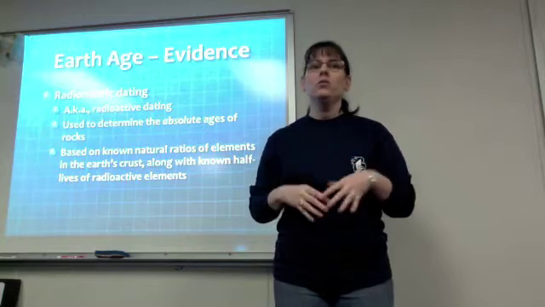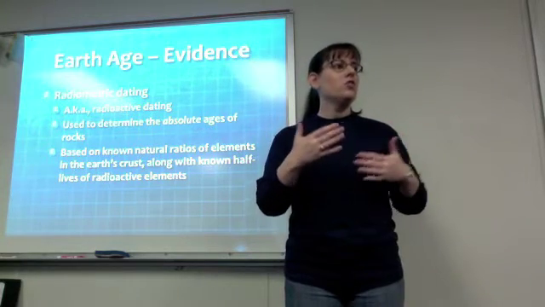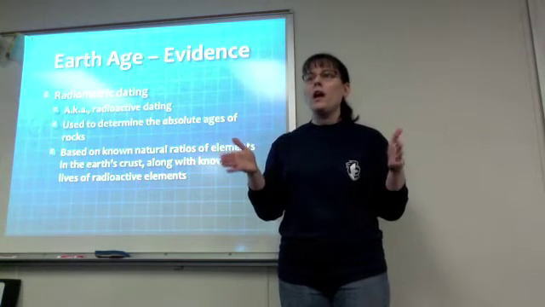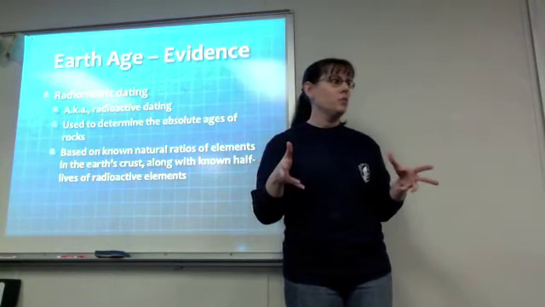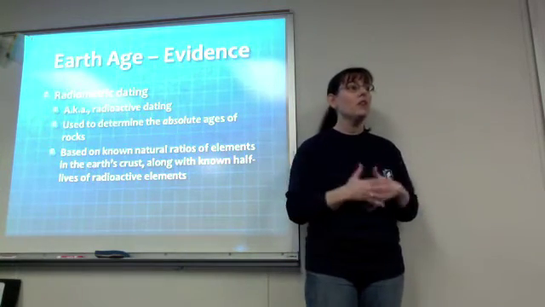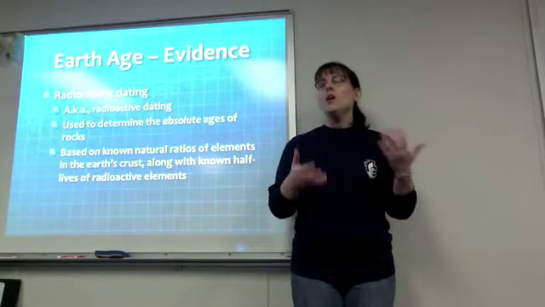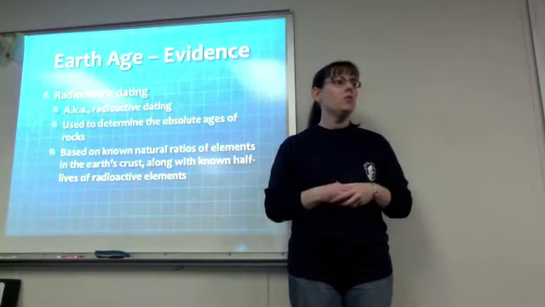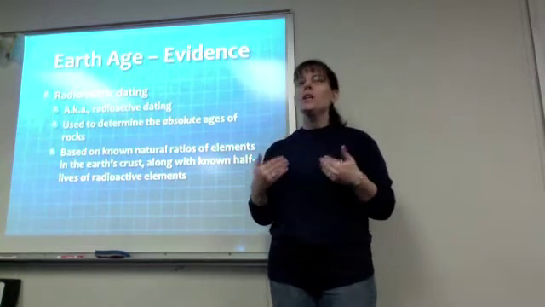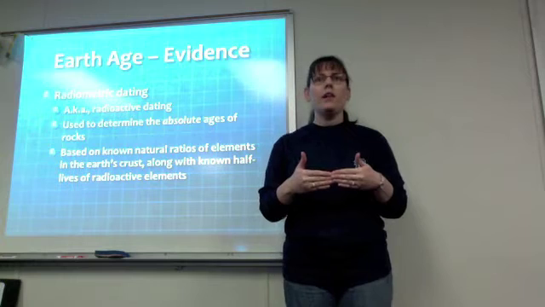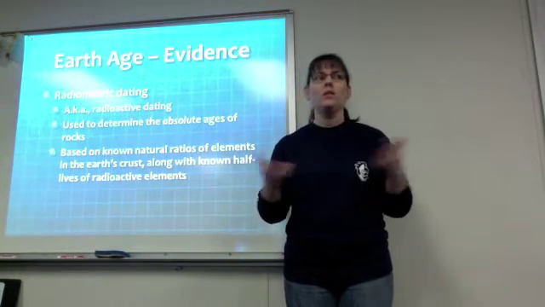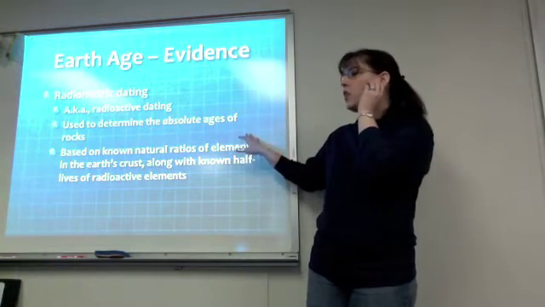And by absolute, remember we talked a little bit about how absolute, there's still some wiggle room in there. Okay, there's some range of error in all scientific measurements. This particular measurement method, because it's looking at a time scale of billions of years, there's a plus or minus a few thousand or 100,000 or million years, but it's still closer than saying older than or younger than, which, what does that mean, really?